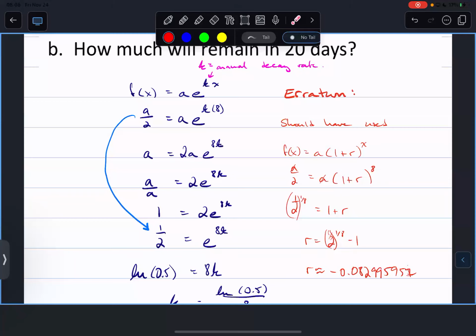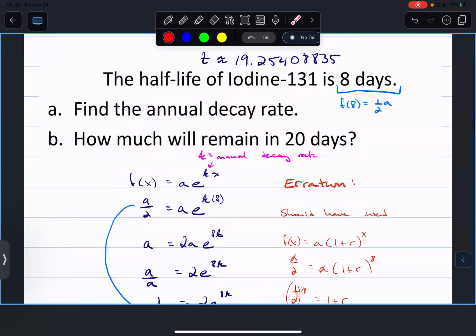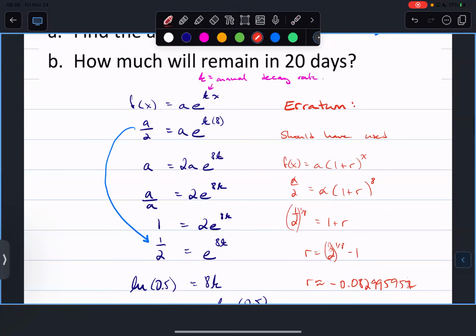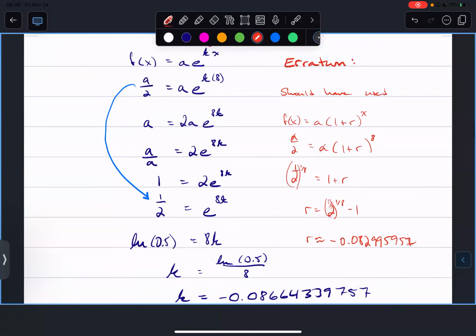We should have used this function because, and this is how we'll know for the future, and also reminding myself, unless it says continuous, then you're going to use this function, right? So here my erratum is because, where can I add this?